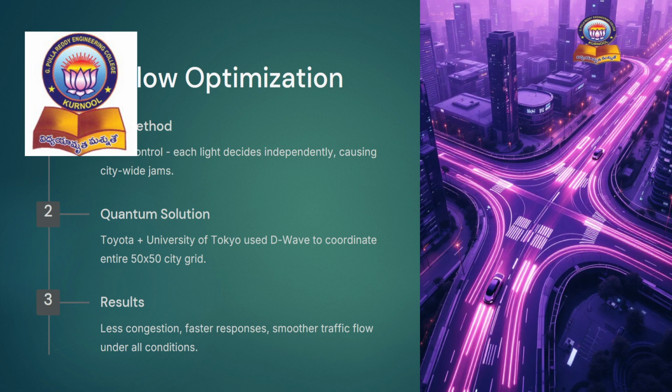The researchers needed to determine which intersections should be green for north-south, and which should be green for east-west, at any given time. These signals need to respond quickly to changing patterns as traffic moves through the grid. The results show that the D-Wave system responds best to changing traffic conditions.